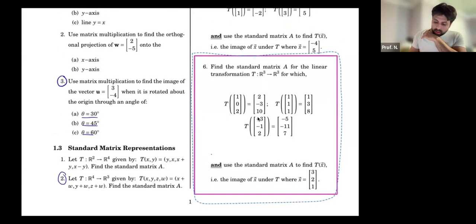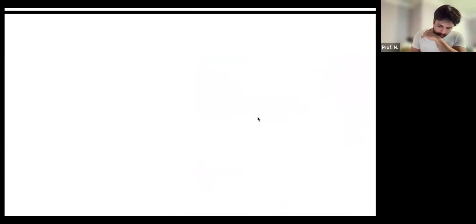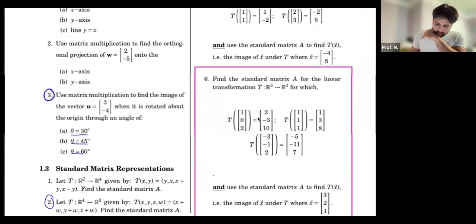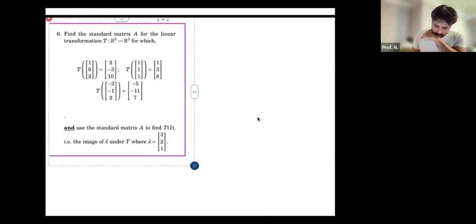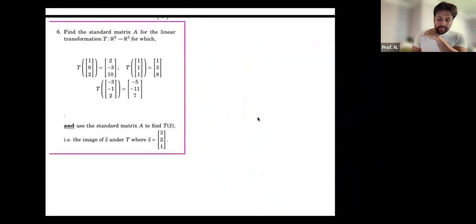So let me, hold on. So this is great. It says find the standard matrix A. So this is gonna be good, guys.